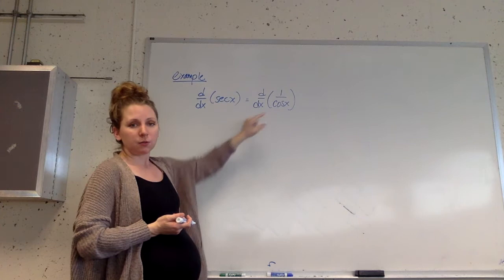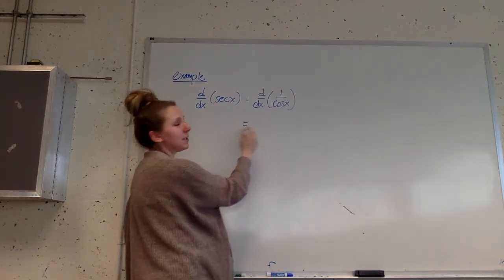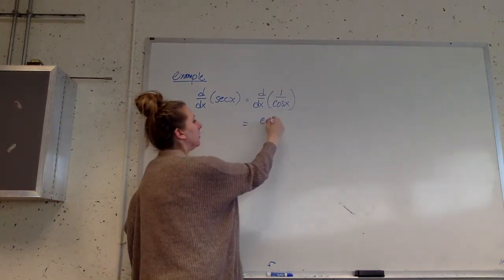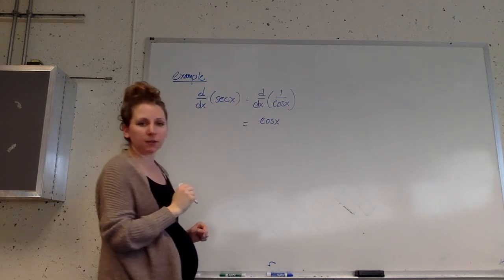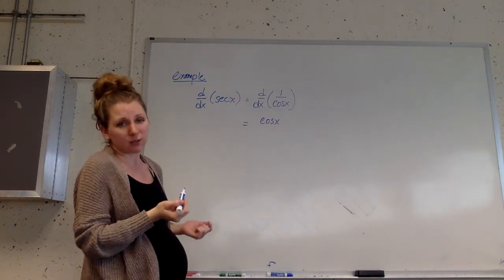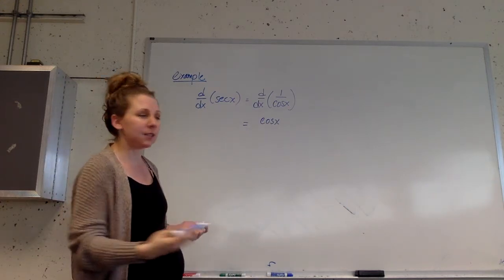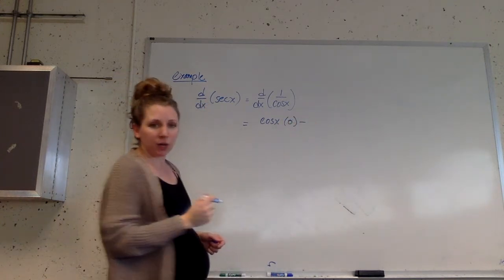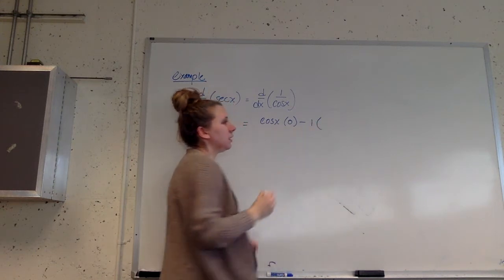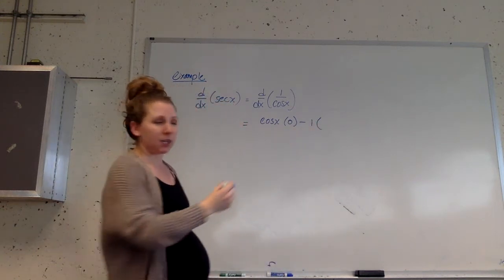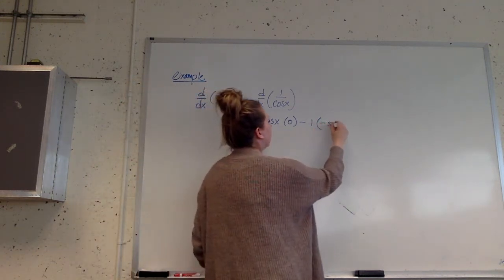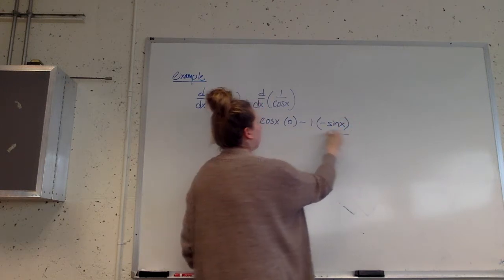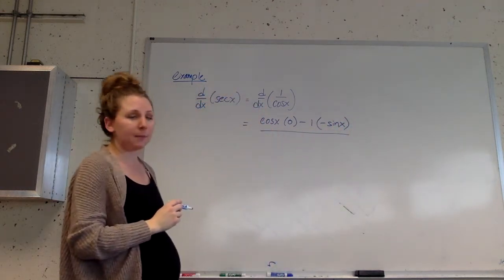So using the quotient rule, I would have the denominator times the derivative of the numerator, which is just 1, the derivative of any constant is 0, minus the numerator times the derivative of the denominator, all over the denominator squared.